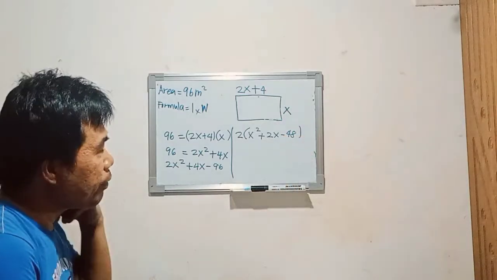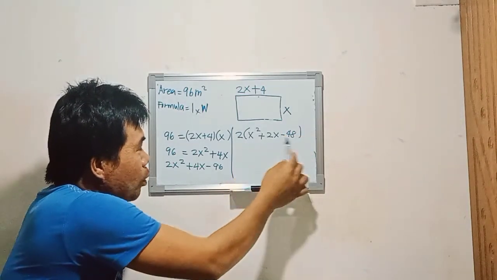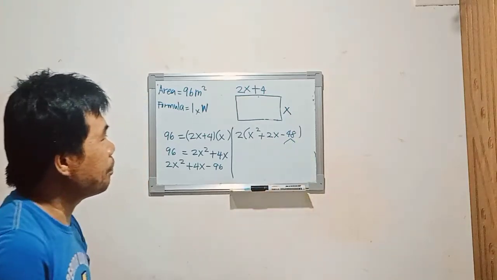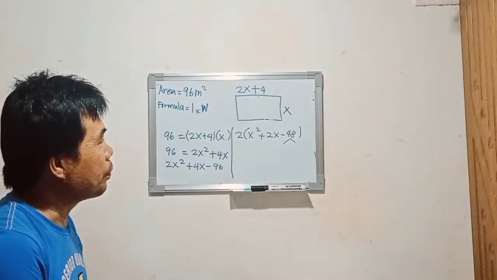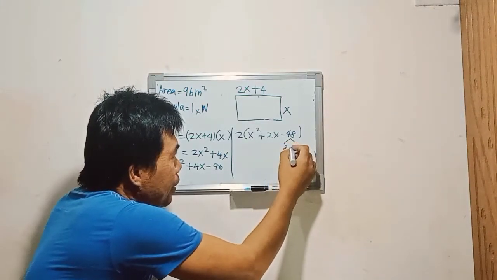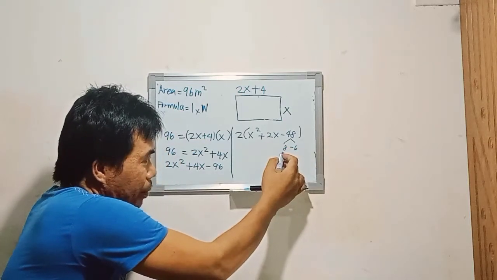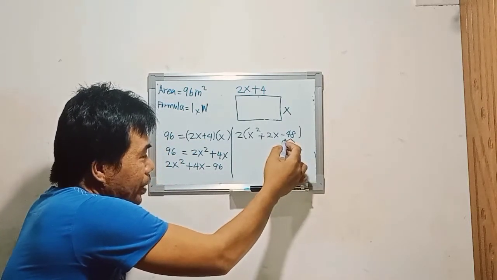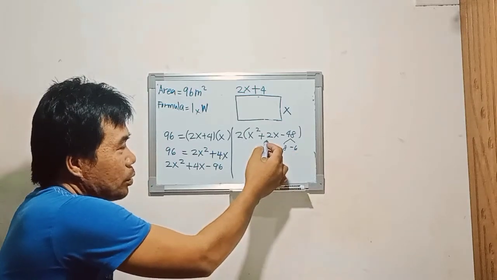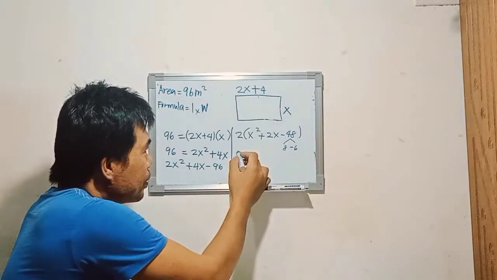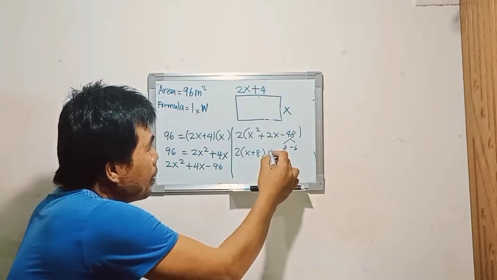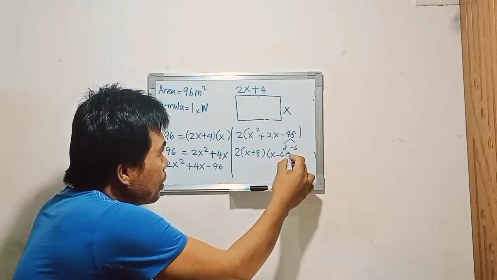Now we have a leading coefficient of 1. And we have to find factors of negative 48 that will sum up to positive 2. So the factors of negative 48 are 8 and negative 6. Positive 8 times negative 6 is negative 48. And positive 8 plus negative 6 is equal to 2. So therefore, our factors are x plus 8 and x minus 6.